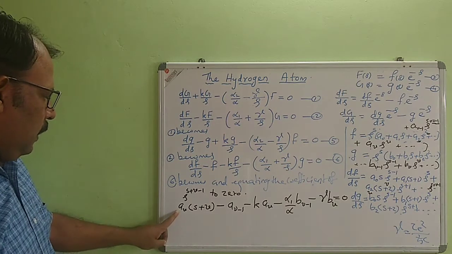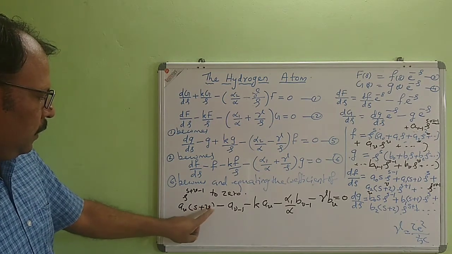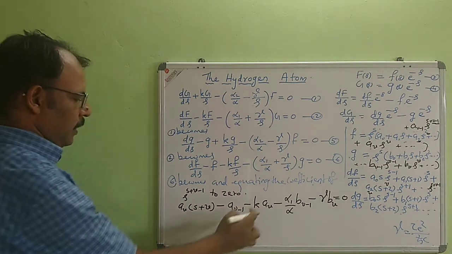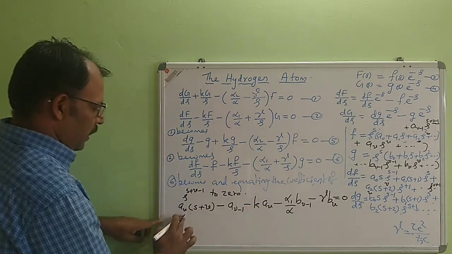Now av into s plus v minus av minus 1 minus k av. Here av and here also av, we can take av common.